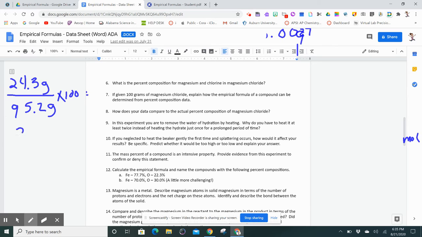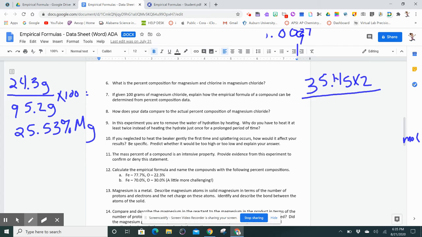So that means that I have 25.53% magnesium. And then for the chloride that's in there, I'm going to take my chloride ion, and there's 2 of them, so 35.45 times 2, because I have 2 chlorines in there. And I'm going to divide that by my 95.2.